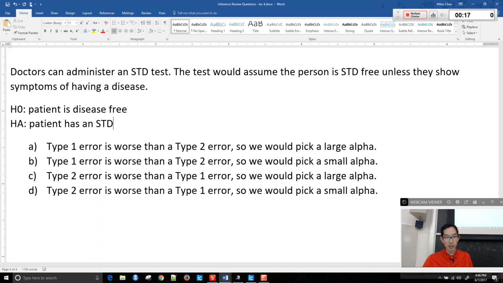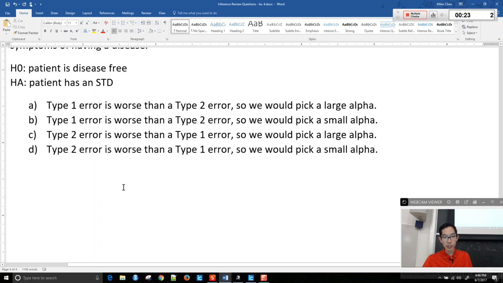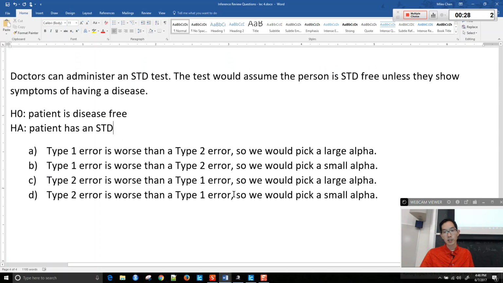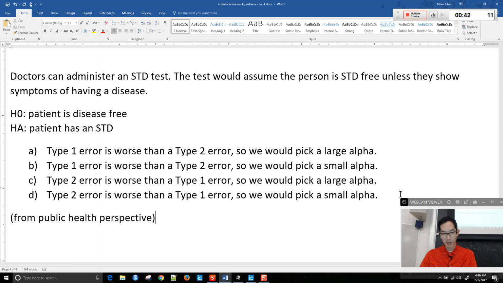Patient has an STD will be the alternative. Which type of error is worse? And would you want to use a large or small alpha? I guess we'll say from a public health perspective.